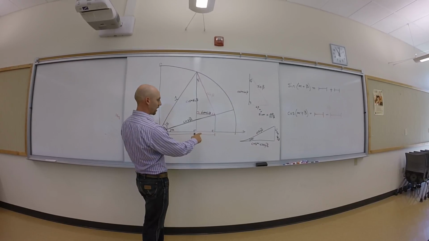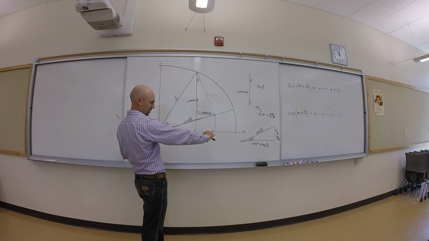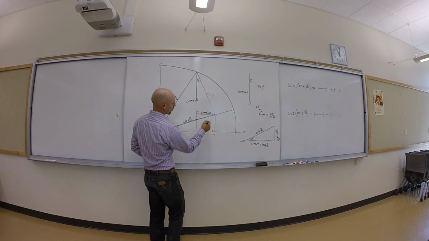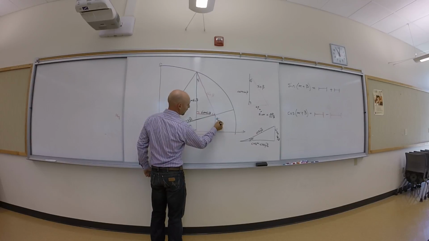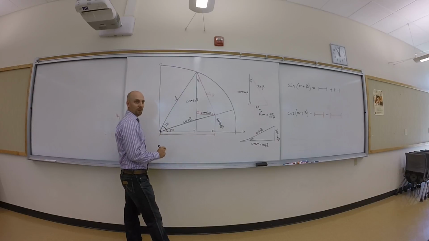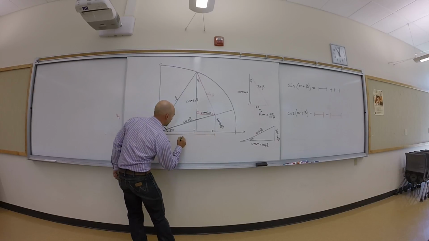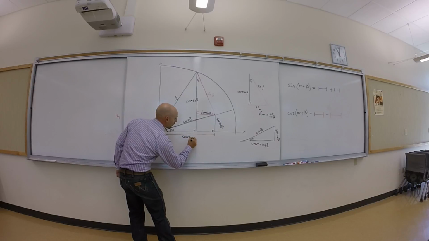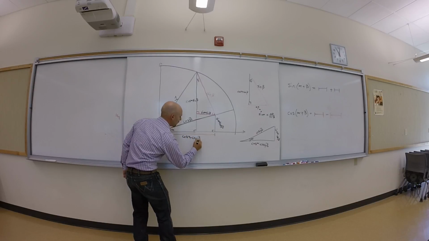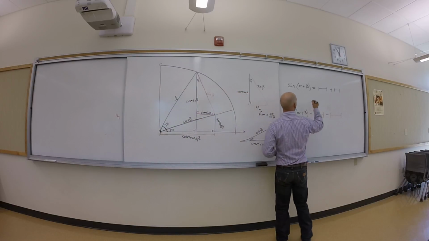Which sides am I labeling? The blue side should be clear: that's sine of alpha cosine of beta. And then cosine of alpha times cosine of beta is the big orange one. Cosine alpha cosine beta.